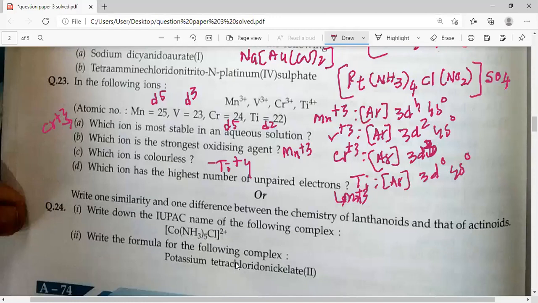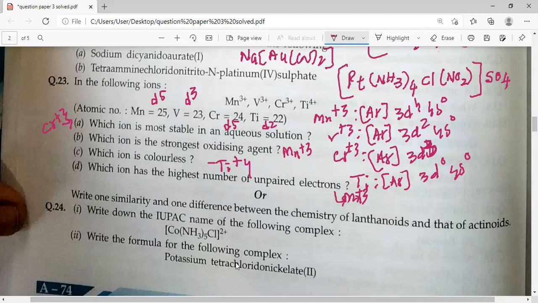In the following ions, atomic number of Mn is equal to 25, vanadium is equal to 23, chromium is equal to 24, and titanium is equal to 22. So when we write the electronic configuration for Mn3+, V3+, Cr3+, and Ti4+, Mn3+ is argon 3d5 4s0. Vanadium 3+, sorry, argon 3d4, my dear students, I made a mistake. Mn3+ is argon 3d4 4s0, because Mn is d5 4s2.